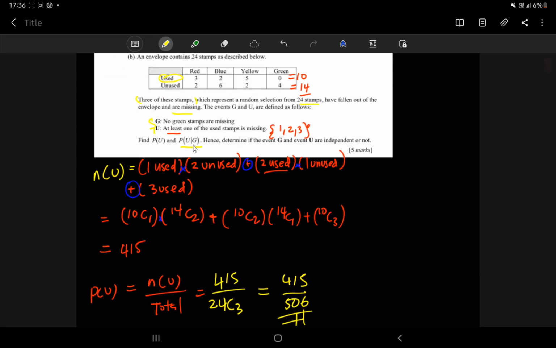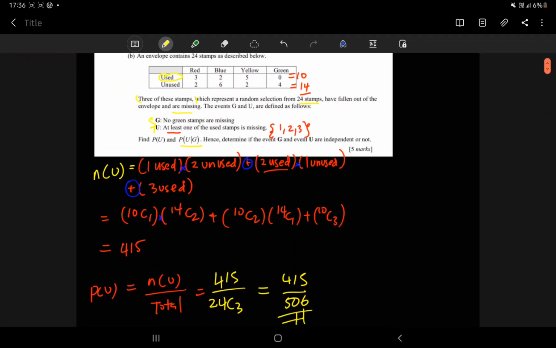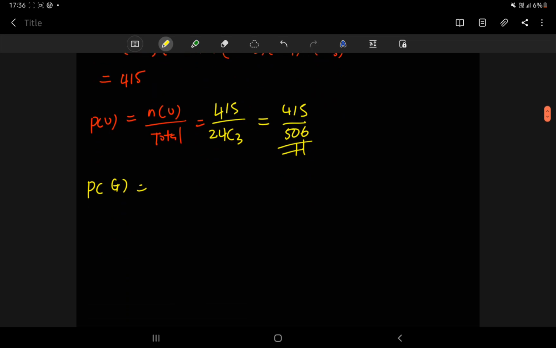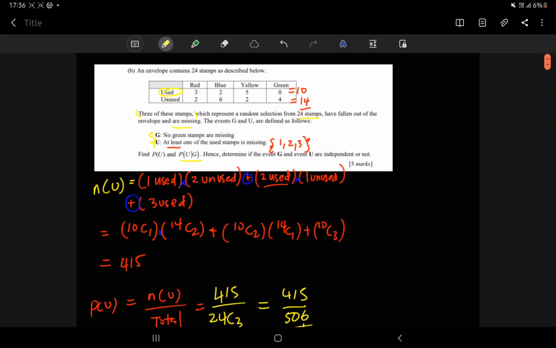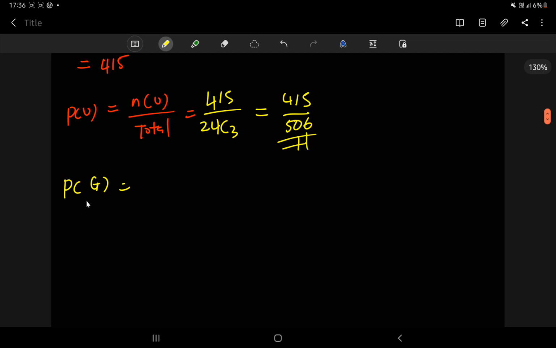Probability of G is the probability that no green stamps are missing, which means the only stamps missing are from red, blue, or yellow. The total ways of 3 stamps to be missing is 24 choose 3, because we have 24 stamps, 3 of them missing.